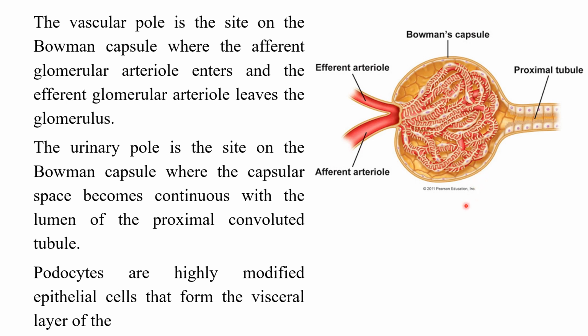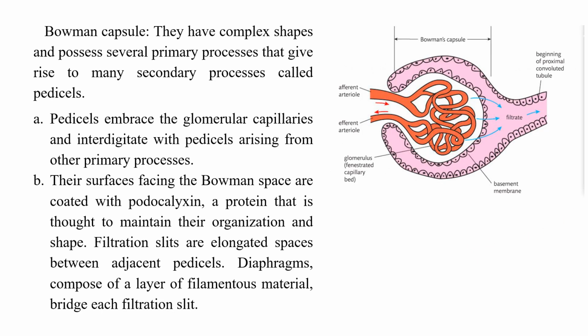The podocytes are highly modified epithelial cells that form the visceral layer of the Bowman's capsule. These podocytes have complex shapes and possess several primary processes that give rise to many secondary processes called pedicels.